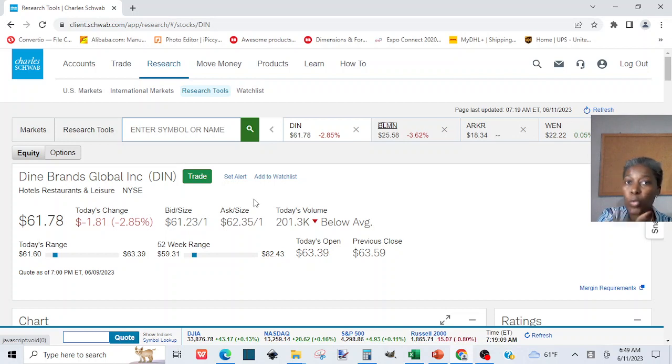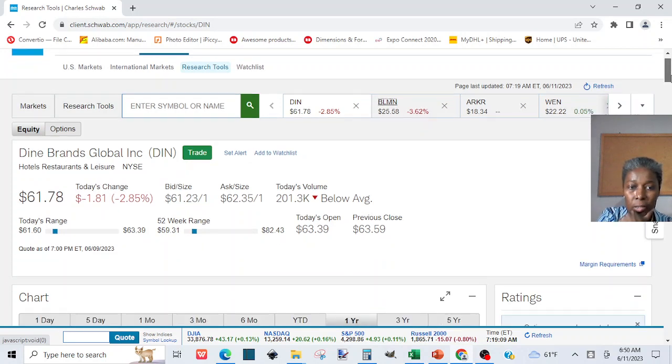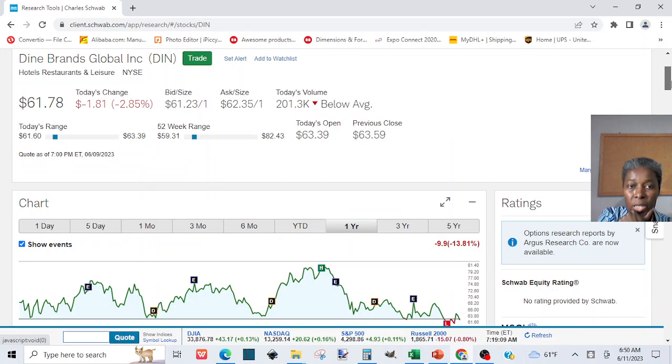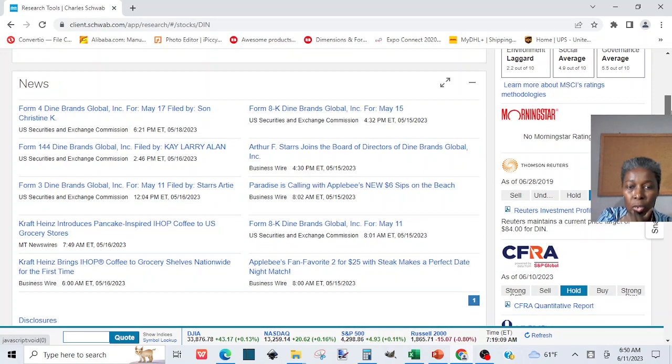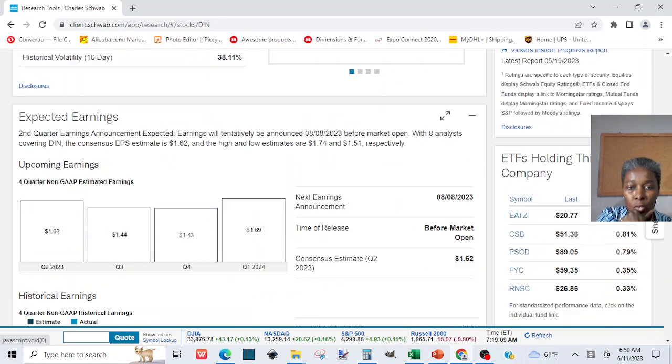If you have a 3% dividend mark on your spreadsheet to accept those, you can add it. It's selling at 61.78, the 52 weeks low is 59 and the 52 weeks high is 82. So it's closer to the 52 weeks low.